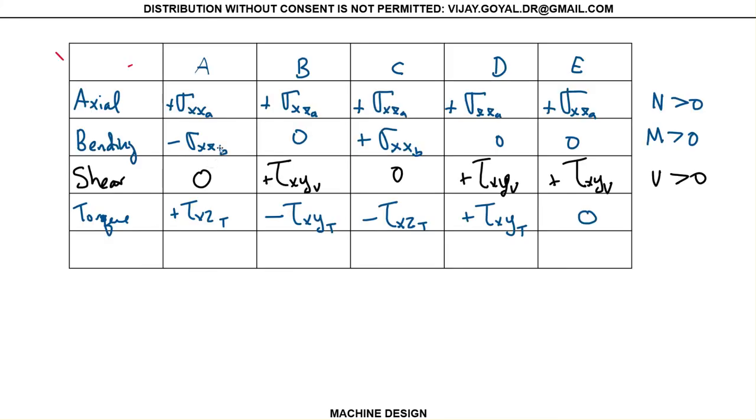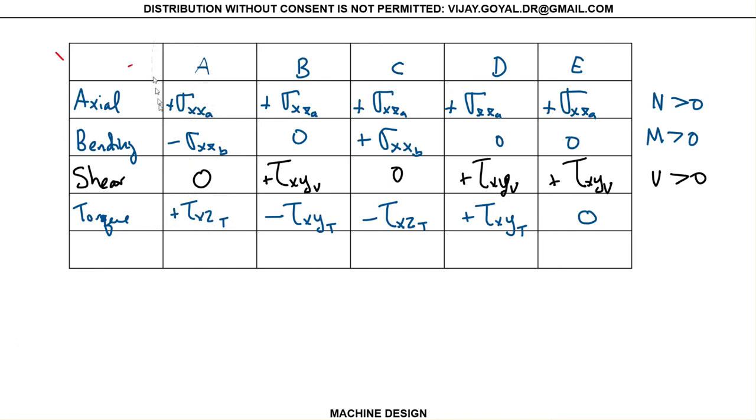So summarizing all these thoughts, let's see what conclusions we can draw. For point A, what do we know? This is my point A. I know that my bending is going to be minimum, but it's negative. I know that my axial load is going to be the same. I'm going to have torque, but zero shear.